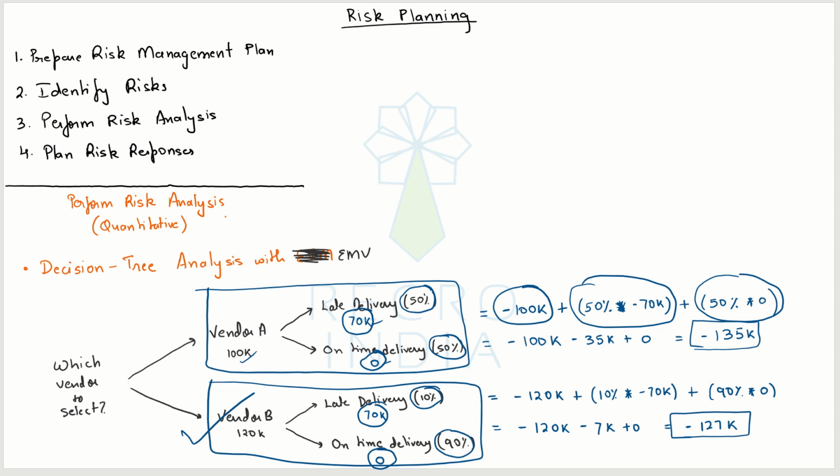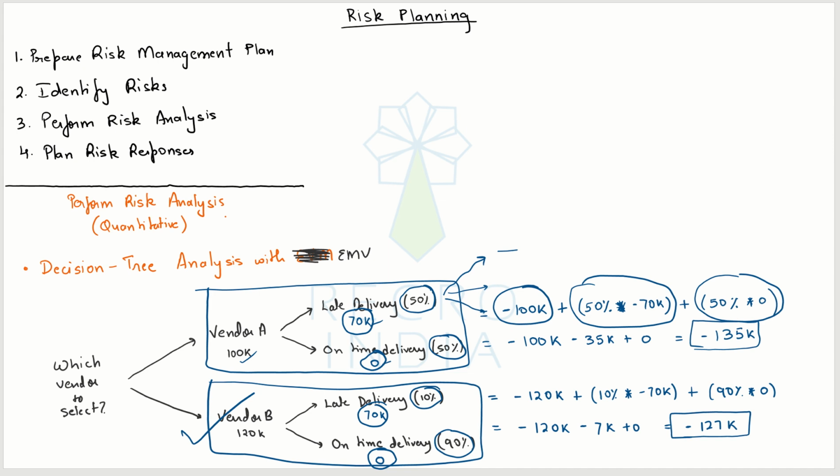The other thing that we can add here is, this was a very simple example given to make you understand the concept of decision trees. However, I can further complicate it by adding more branches. Say, for example, I can say if they deliver late, then do they deliver late by 1 month, or they might deliver late by 2 months, or they might deliver late by 3 months. And then each one has a different impact associated with it.